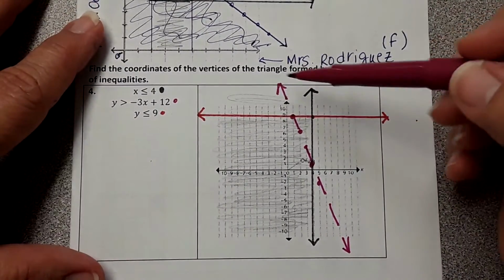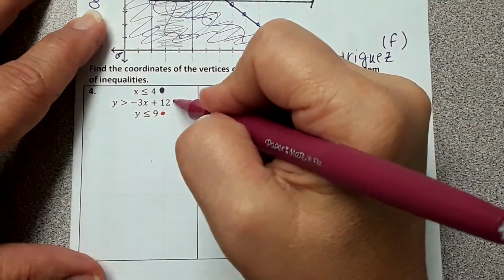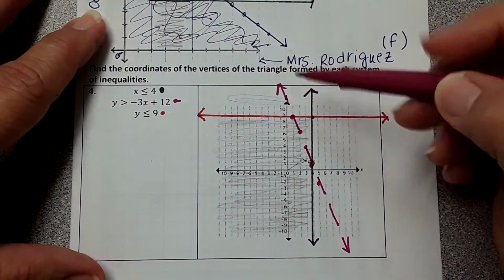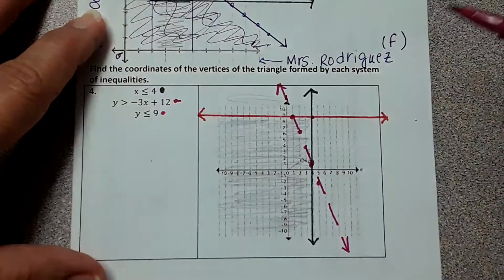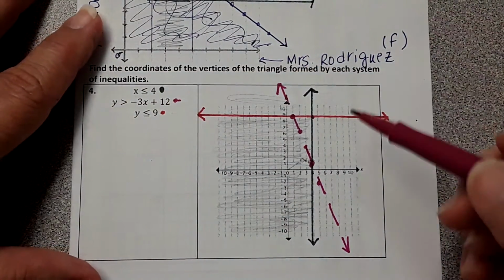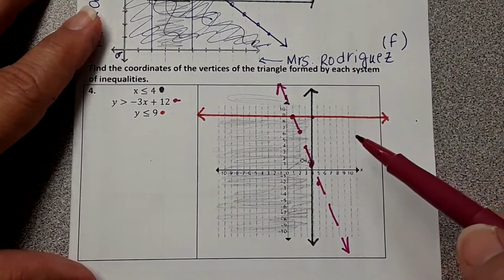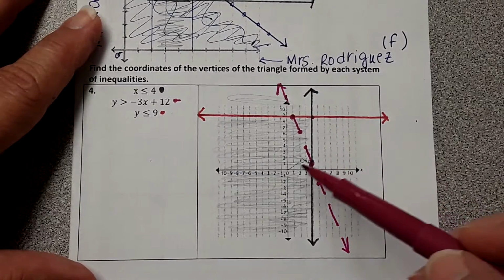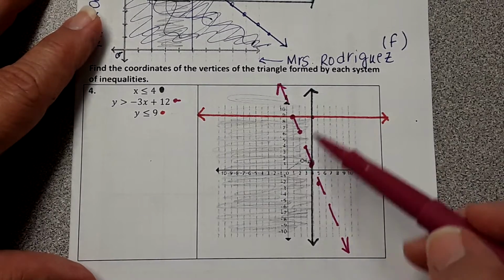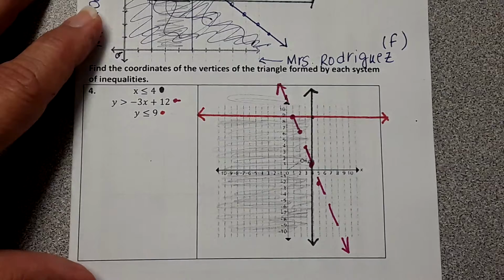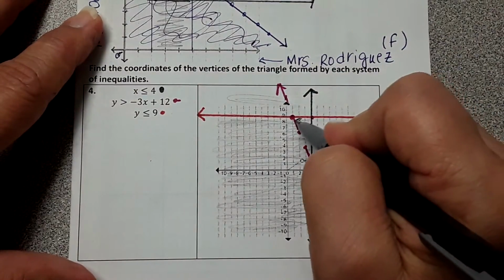Okay, so I graphed this line right here. I made it dotted because it doesn't have an equal to. And then it says greater than. Well, 0 is not greater than 12, so we would shade here. So this part right here.